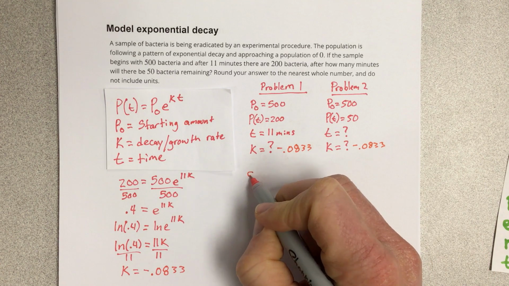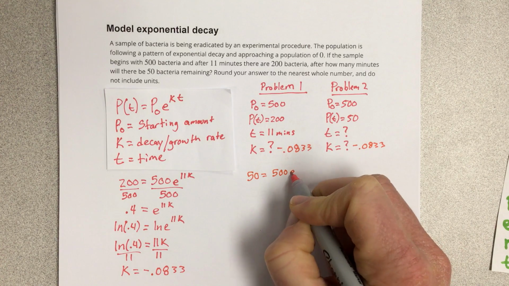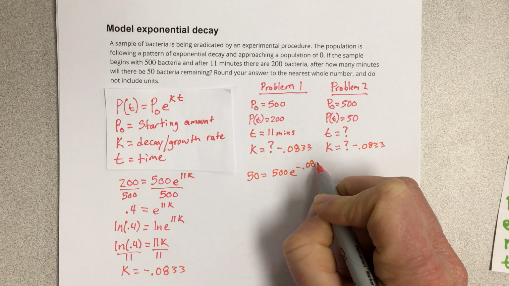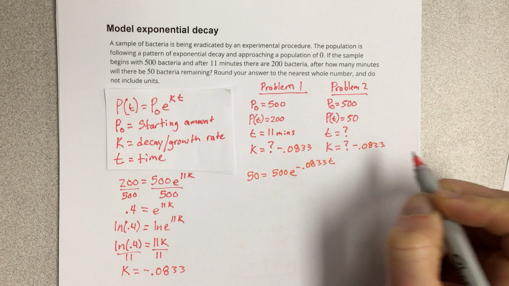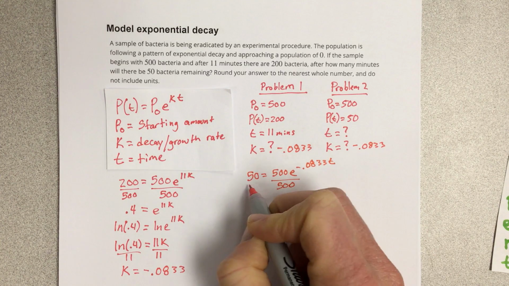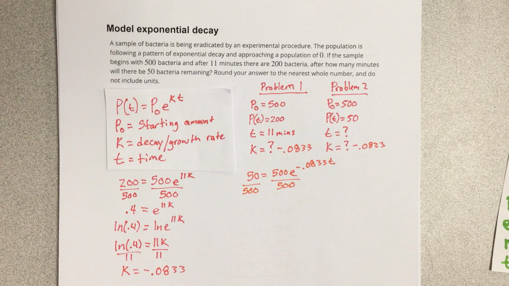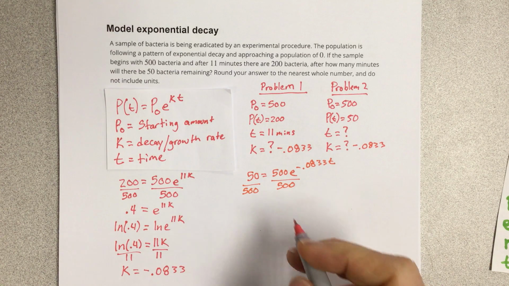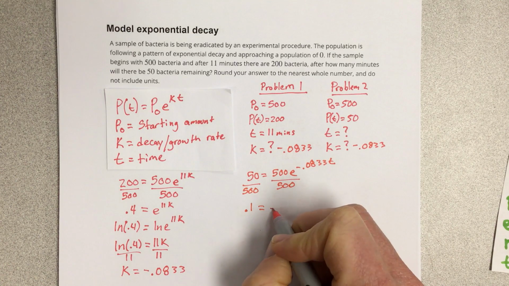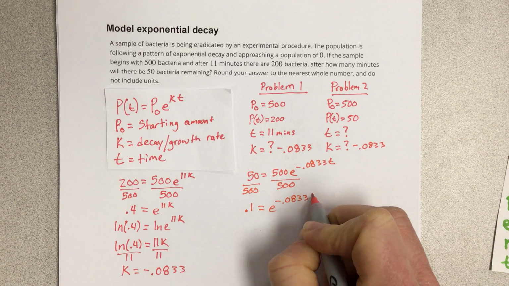So we can say 50 equals 500 e to the negative 0.0833t. We're going to divide by 500. Take 50 divided by 500. That gives you 0.1. So we have 0.1 equals e to the negative 0.0833t.